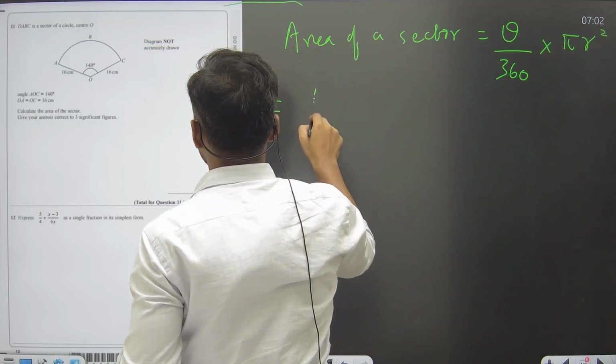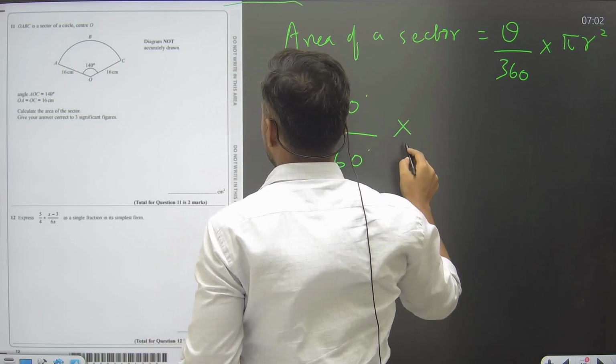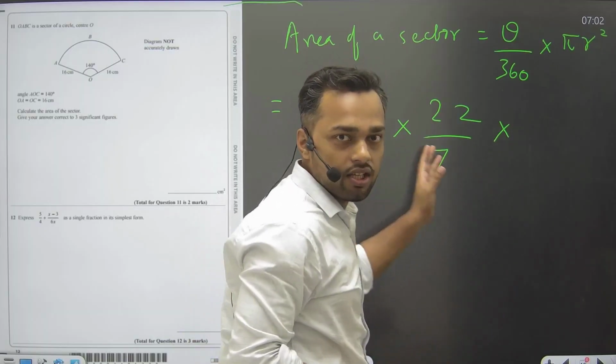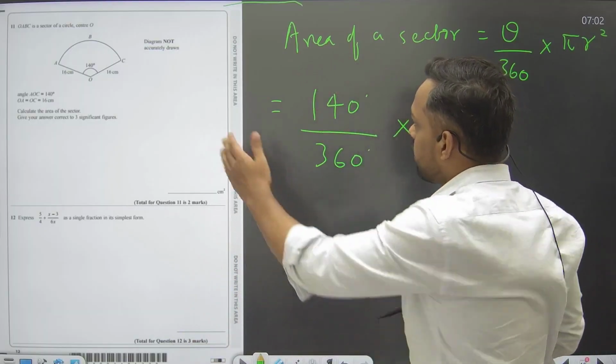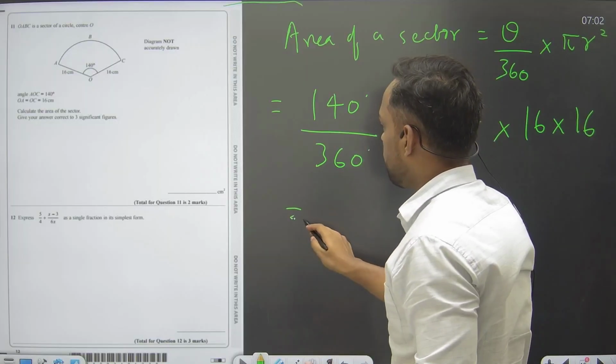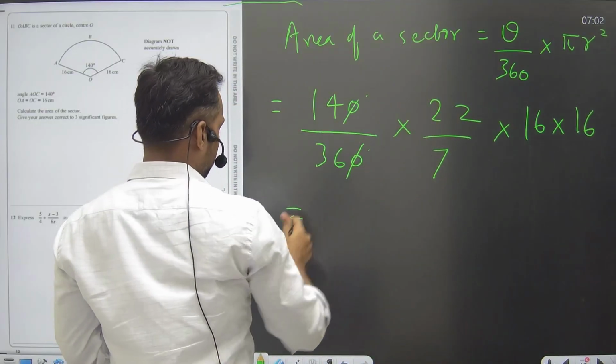What is theta here, students? That is 140 upon 360 cross pi. Let's suppose the value of pi I am taking as 22/7, and the radius here is 16, so it will be 16 cross 16.